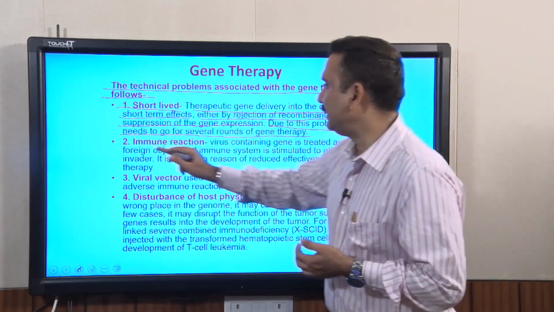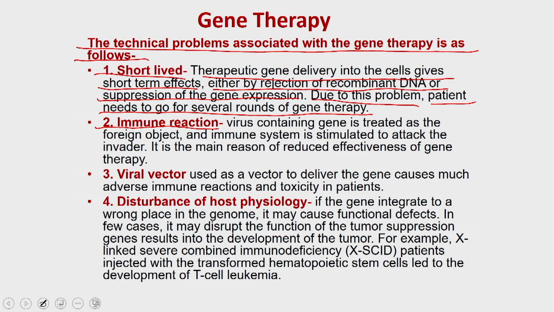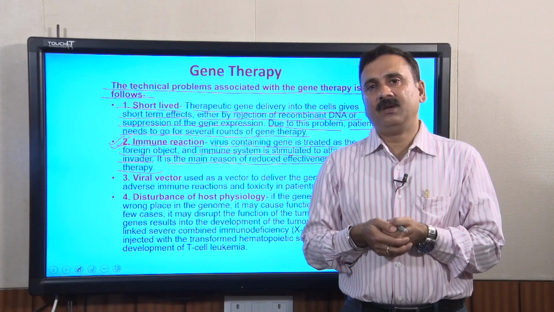production. The second, which is actually more serious, is the immune reactions. The virus containing the gene is treated as a foreign object and the immune system is stimulated to attack the invader. It is the main reason for the reduced effectiveness of gene therapy. This is a very serious problem, because once you inject the virus containing genes into a human being, the human body has a very pronounced and reliable immune system.